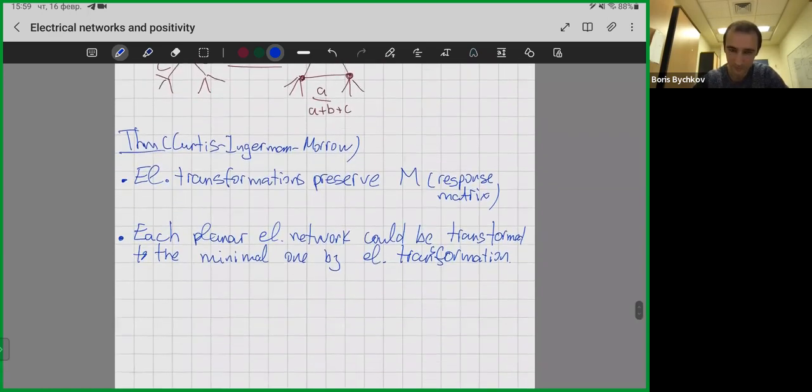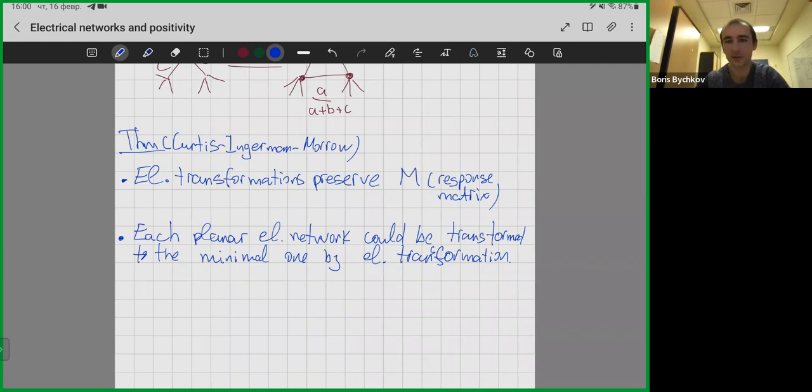And also, in the opposite direction, if we have two minimal graphs which are electrically equivalent, then it has some combinatorial description in terms of medial graphs.